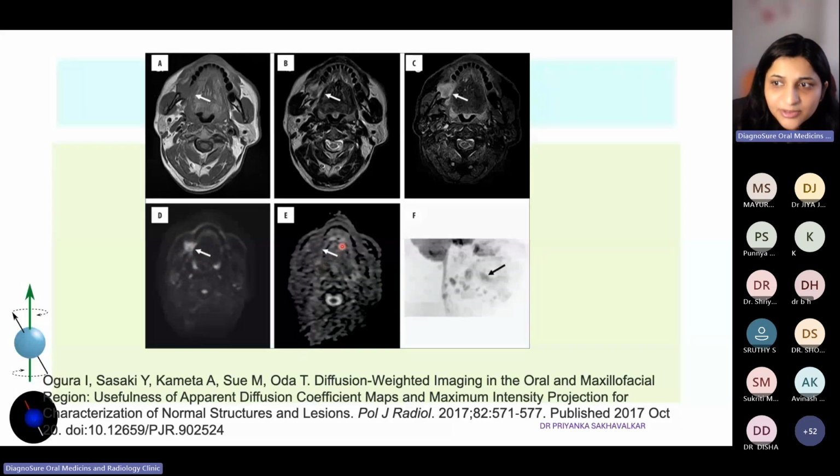This is the apparent diffusion coefficient map. This shows low signal intensity, and this is the maximum intensity projection. Again, the diffusion weighted image shows the lesion in a different way. So we can see the same lesion appears different in different sequences. So we take all the scans, combine the information seen in each scan, and come to a diagnosis that this is a particular pathology.